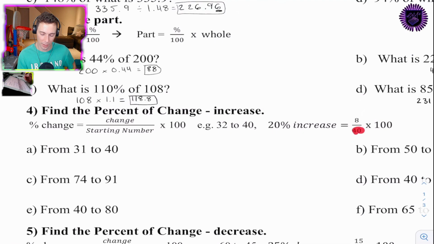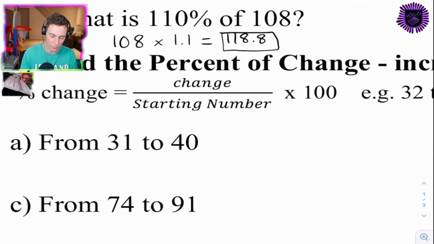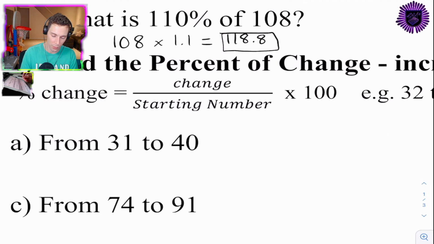Dividing by the starting point times 100. That's not right, so I'm going to have to fix that. We're going to go 40 minus 31, which equals 9.